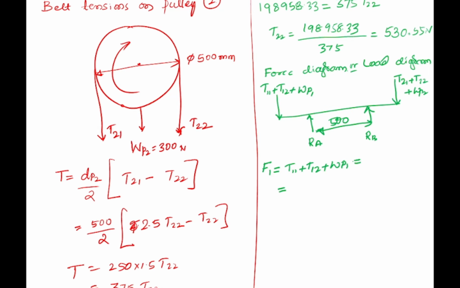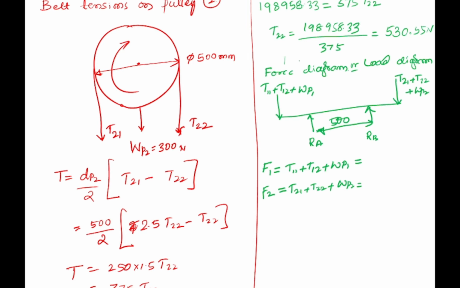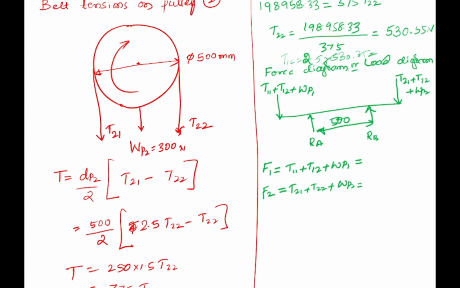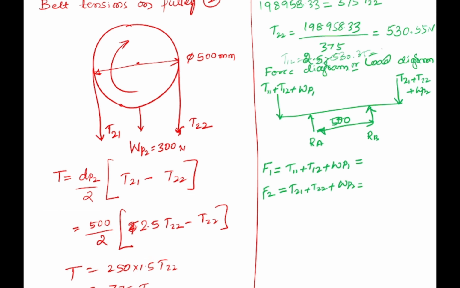So similarly for pulley 2, I am going to take it as F2. It is T21 plus T22 plus WP2. So you can calculate T12. T12, how much you are going to get here? It is 2.5 into 530. F1 is how much? Okay, so I calculate T12.